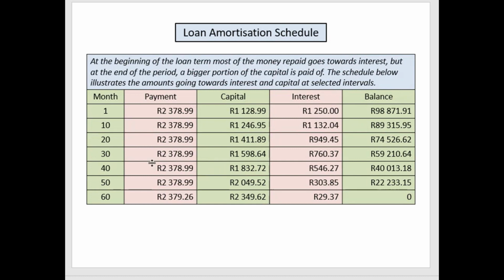So that payment stays exactly the same. Okay, but this is what happens. In month 1, most of what you are paying is interest, and less than half is capital. At the end of the period, you are paying almost no interest, and almost everything goes off as capital.